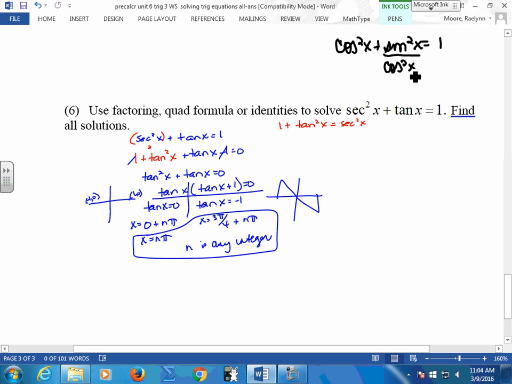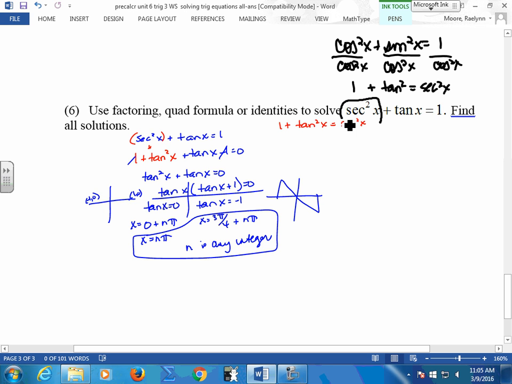So now I've got an equation, and to give me my tangent, I need to divide everybody by cosine squared. This will give you your identity. So 1 plus my tangent squared equals my secant squared.